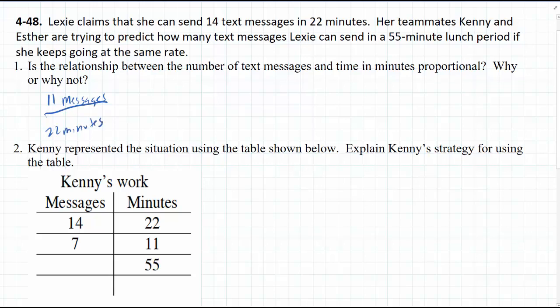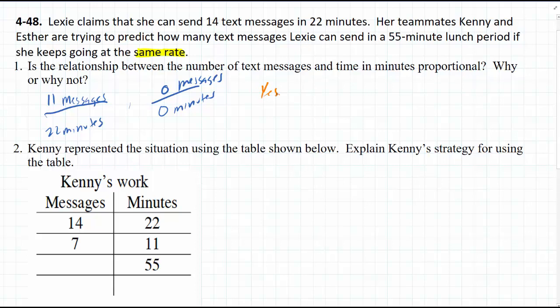Okay, so that being said, it makes sense that if she had no time, 0 minutes, she would probably send 0 texts or 0 messages. Okay, so also knowing that it's a steady or the same rate, we're going to go ahead and say that it is proportional.